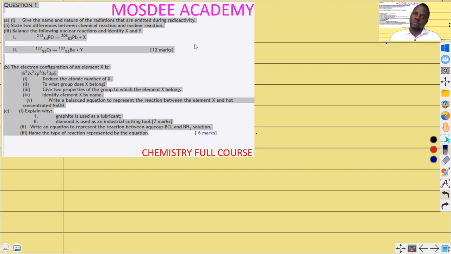They are deflected towards the negative side. Beta is called the electron. And the nature of the gamma ray is that they are not deflected. There are other natures or characteristics you can talk about, as gamma having the highest penetrating power, and alpha having the lowest penetrating power, and so on and so forth. So we can see the second one.